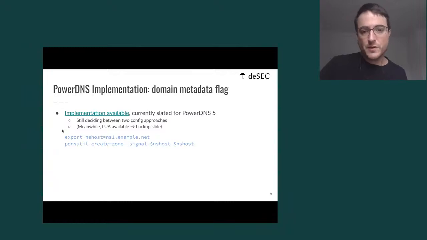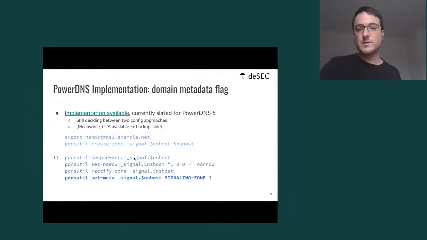So first of all, you have to create the zone. That's like creating any other zone. And for simplicity, I used an environment variable here to capture the name server host name, because it will appear in other commands too. Now, the first approach of how this is implemented is that you have to secure the zone. Then you have to set specific NSEC3 configuration, and specifically you have to put it in narrow mode.